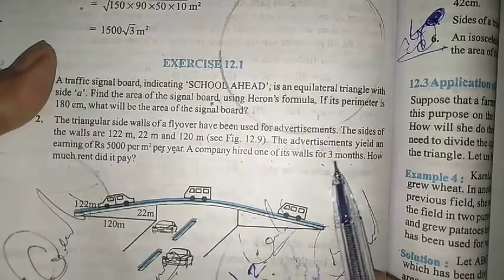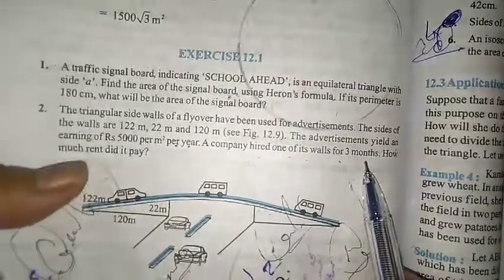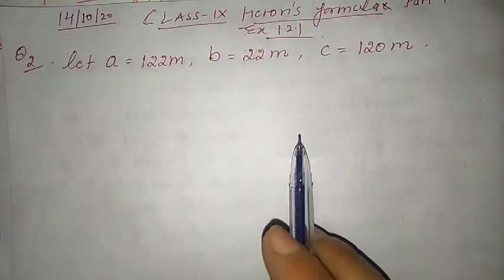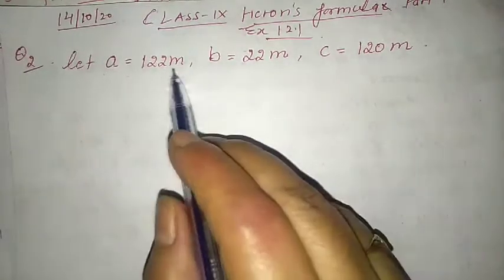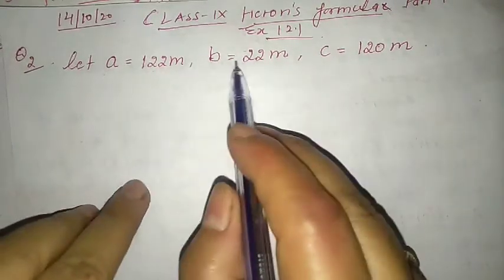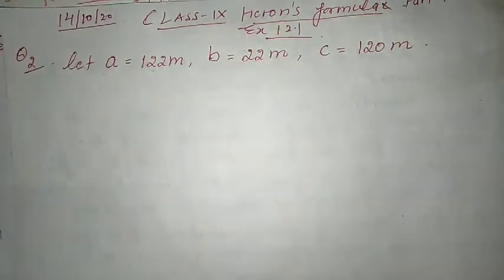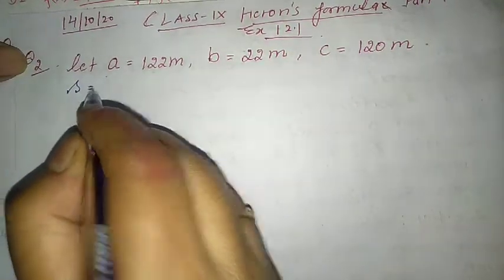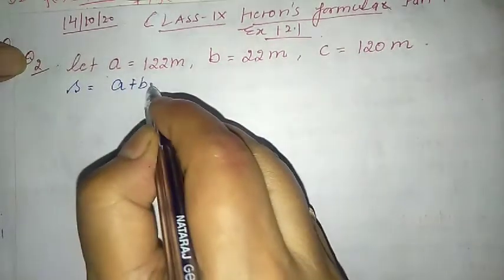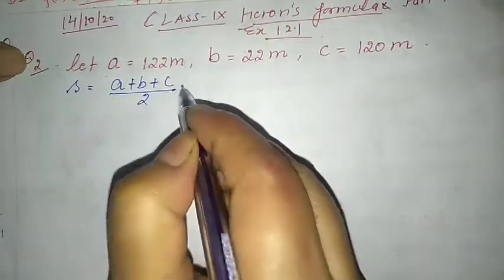We have to find how much rent it paid for only 3 months. Side A is given as 122 meter, B is 22, C is 120. First we find the semi-perimeter S. You know the formula, A plus B plus C divided by 2.